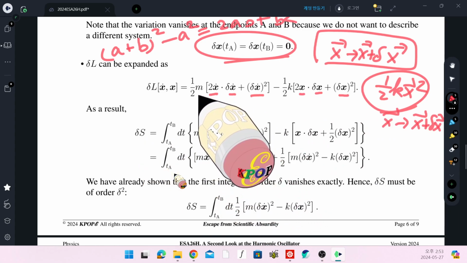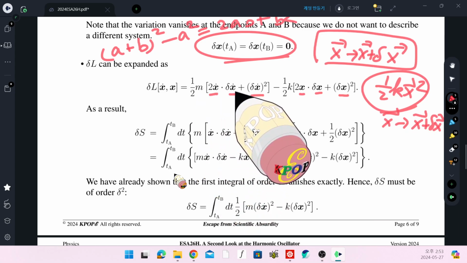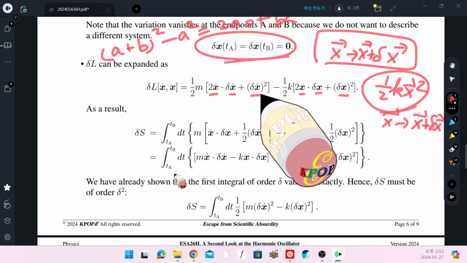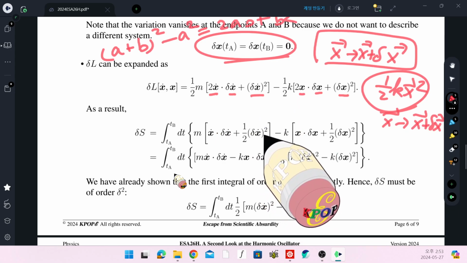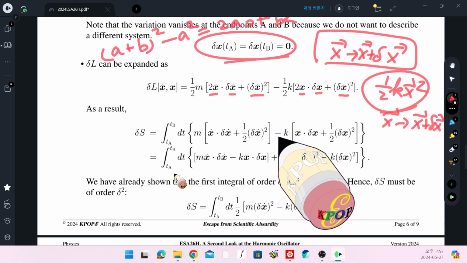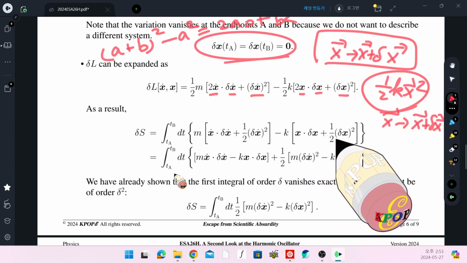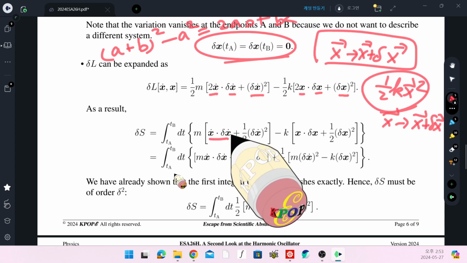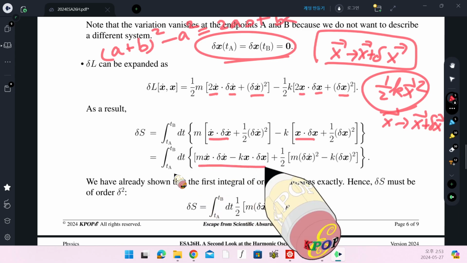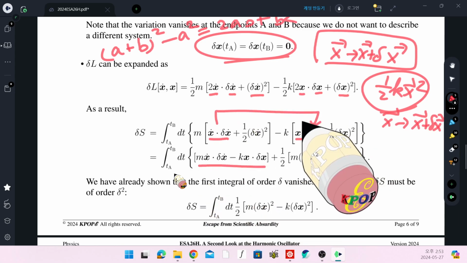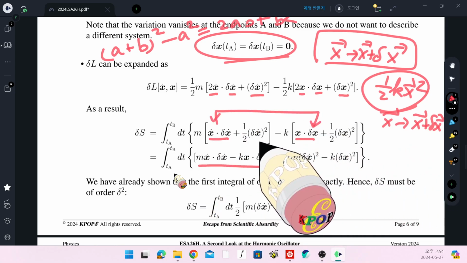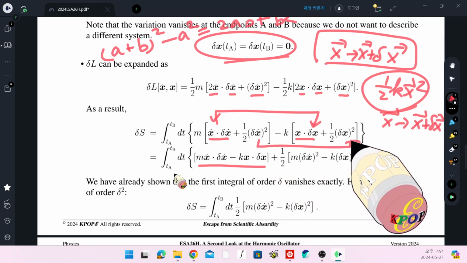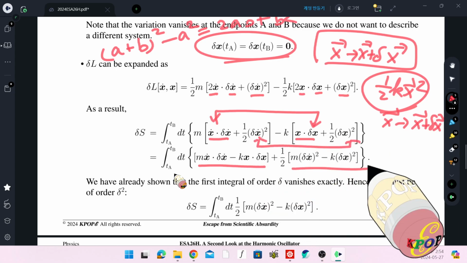So mass times x dot delta x dot plus 1/2 delta x dot squared, and similarly x delta x plus 1/2 delta x squared. We are familiar with the first contribution of order delta, and we combine the order delta x squared contribution separately.